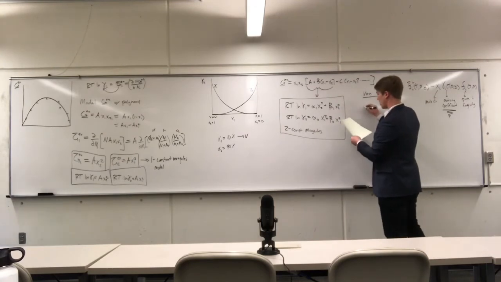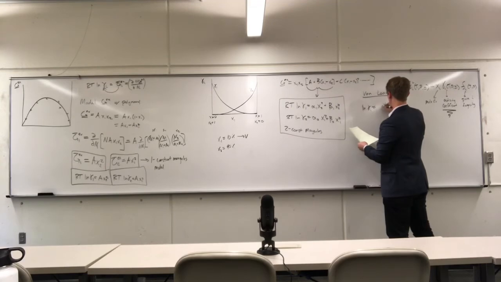Another common one is the Van Laar activity coefficient model. Again, all this is just a different form of a polynomial fit.